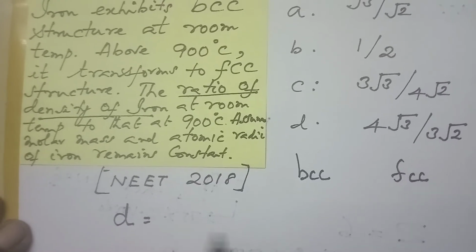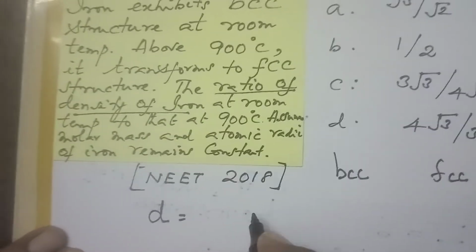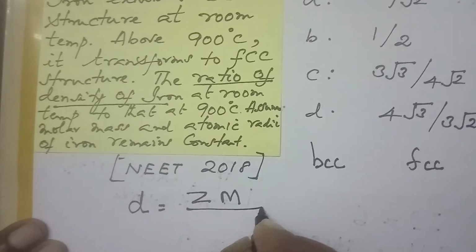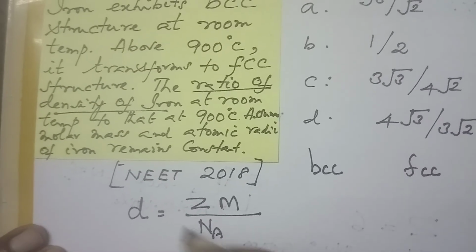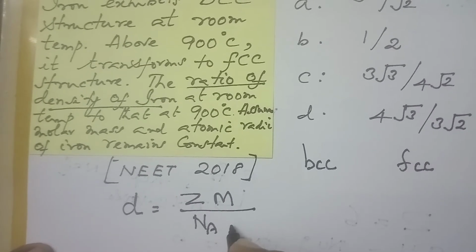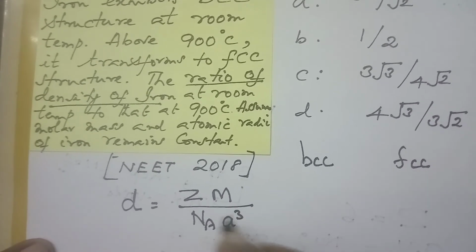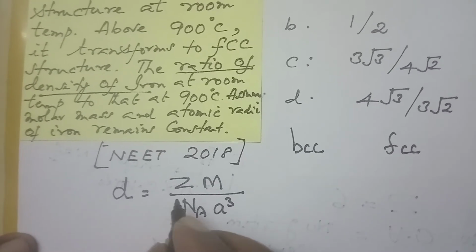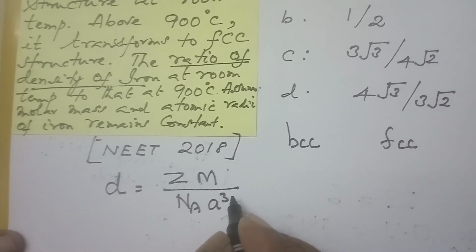Density is usually mass by volume. Regarding solid state, Z into molar mass divided by Avogadro number is collectively the mass, and the volume is a cube. This is the formula for density in solid state, the same for BCC as well as FCC.